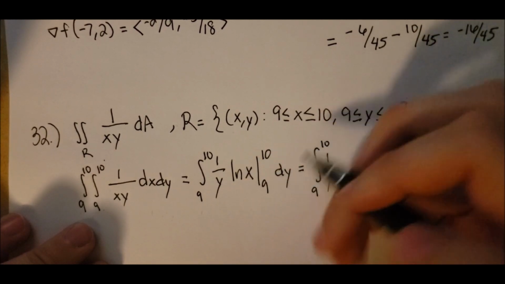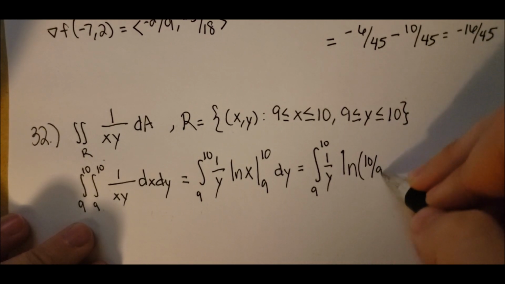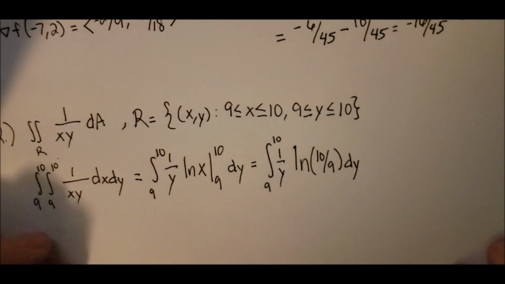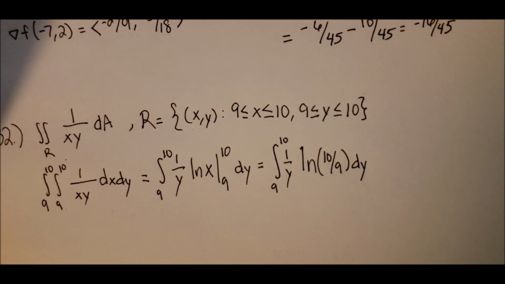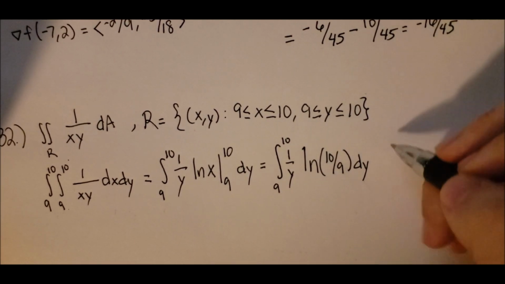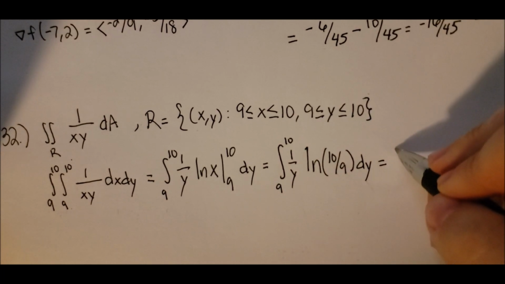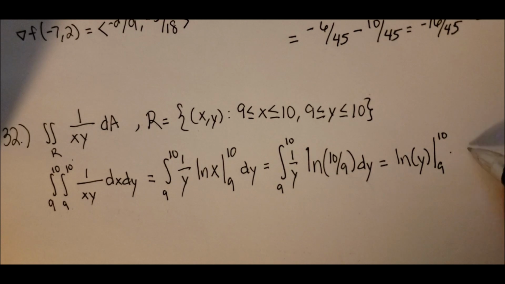Natural log of 10 minus natural log of 9 is the same as saying natural log of 10 divided by 9. Property of logs: when you subtract, you can condense it into one as long as the bases are the same. So then I have natural log of y from 9 to 10.